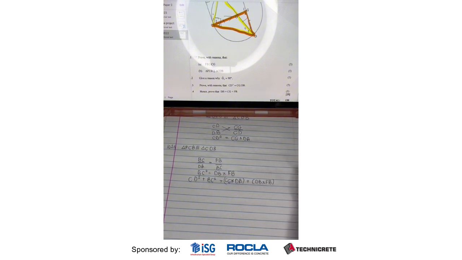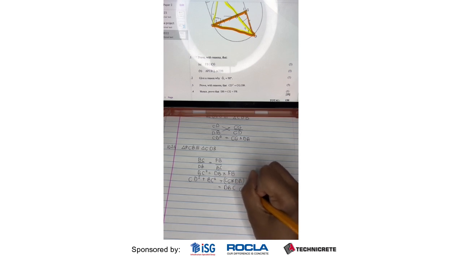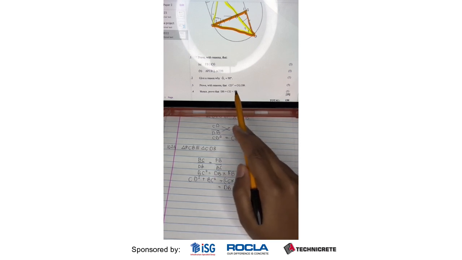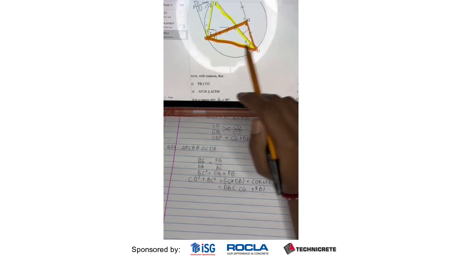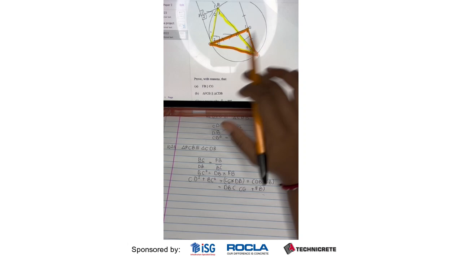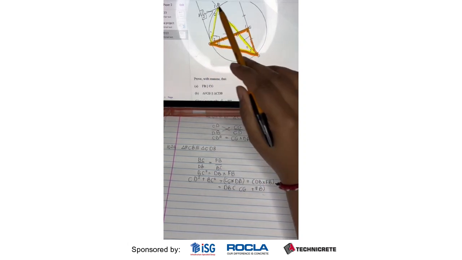Now what we're going to do is take out a common factor and see what we have here. On this side I have a common factor of DB. I'm going to be left with CG plus FB. And you can see now that I'm getting somewhere to what I have here. With the CD squared plus BC squared, if you take a look here, CD squared and BC squared are part of the triangle.